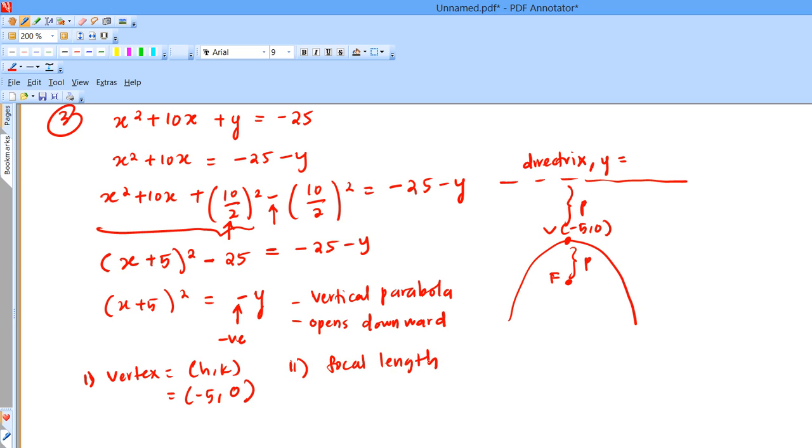How to find the focal length? Just set 4p equal to this value. This value here is -1, but you need to know that focal length is a distance and must be positive. We have -1, so just put 1 here. So p equals 1/4.